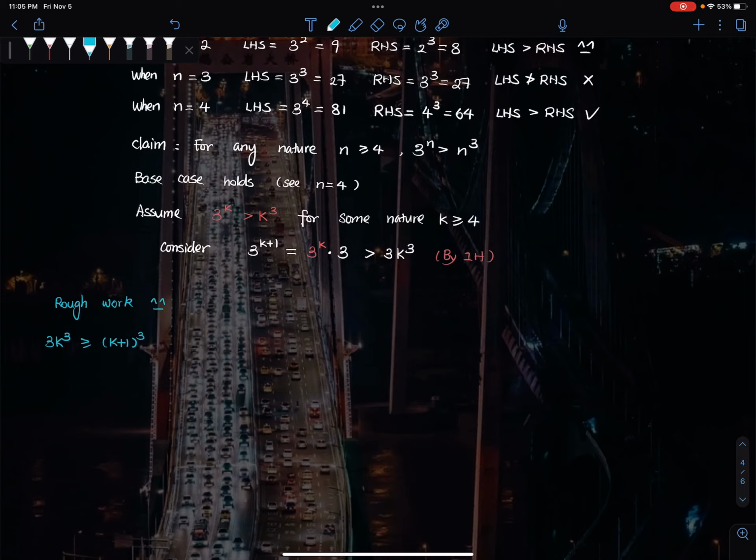Okay? They both have power of 3, so I'm going to move this power of 3 to the other side. Then I can combine them together. So it looks like this, which is the same as (1 + 1/k)^3. Your right-hand side has power of 3, so I'm going to do this to remove the power of 3.